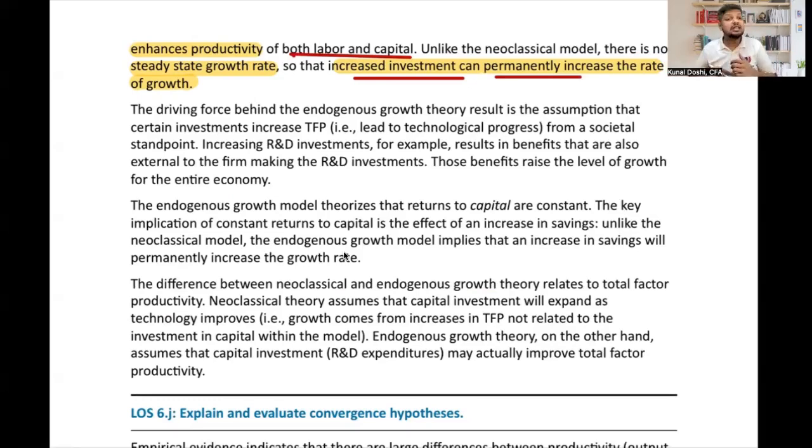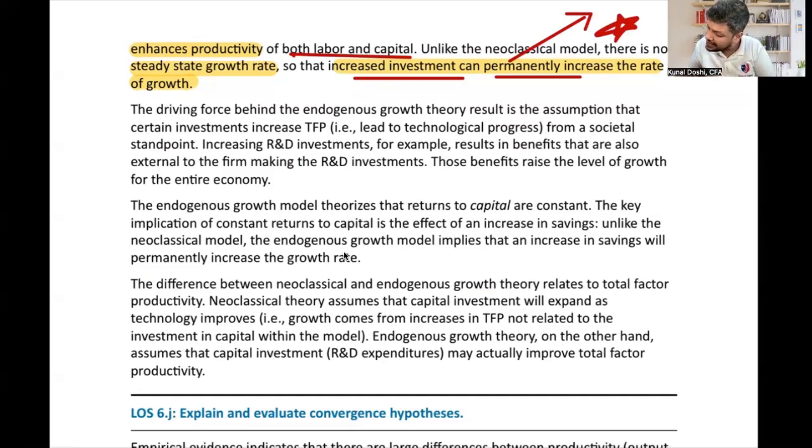But the endogenous growth theory says that the change in technology will result in change in human and physical capital, and by investing more in that you can have a permanent increase of growth. This is the biggest difference between this theory and the previous theory. So it pushes you to invest in human and physical capital, and that will boost the economy. That will have an effect on the technology also.